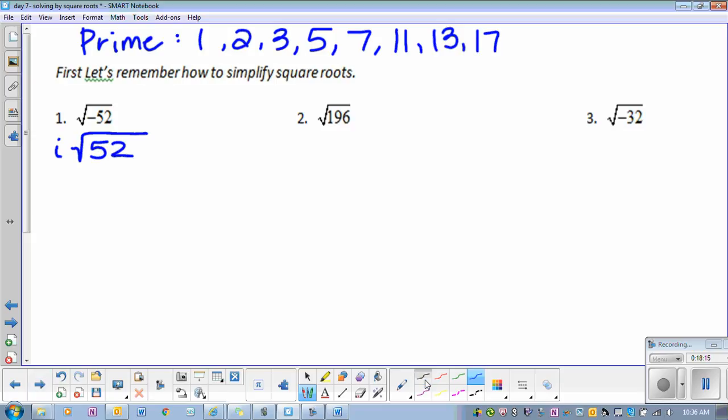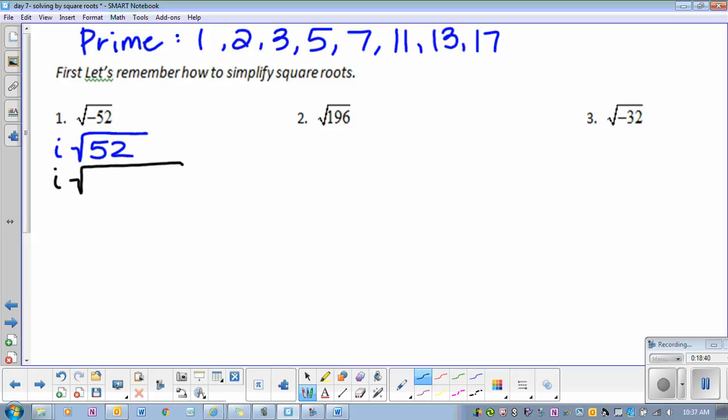All right, so you've got to be super organized with this. I know some of you have done the factor tree and the factor ladder. I'm just going to factor it under the radical. Now, 52 is not a prime number. 52 is what times what? Well, it's even, so it's got to be divisible by 2.